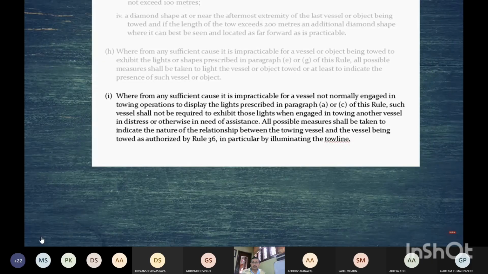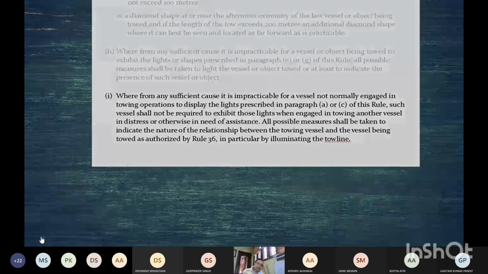However, all possible measures shall be taken to indicate the nature of the relationship between the towing vessel and the tow, as authorised by Rule 36, particularly by illuminating the tow line.